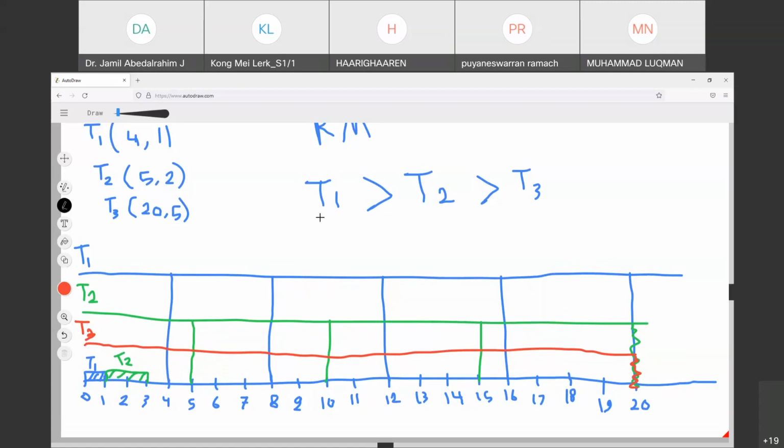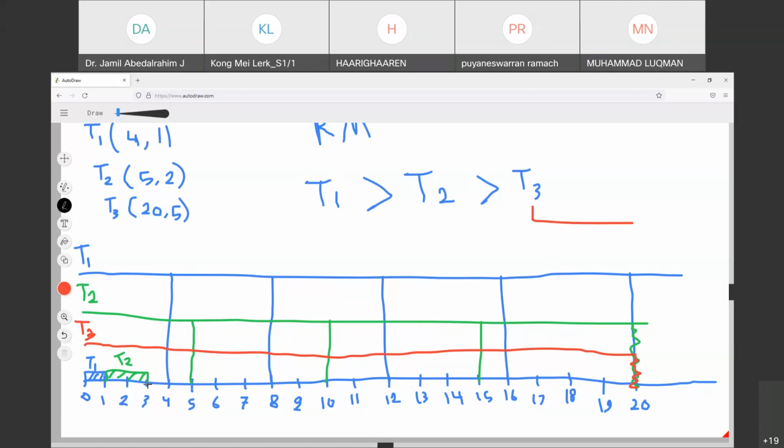Since task 1 has higher priority than task 3, as I said just now, the higher priority will preempt the lower priority. Even if we start to execute task 3, once we reach the beginning of the higher priority task's period, the higher priority will preempt the lower priority.